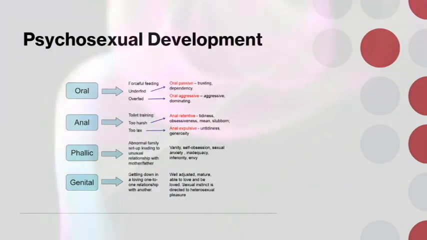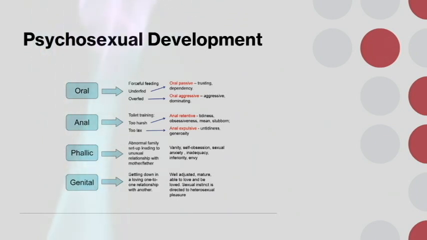Then we have the anal stage, which is approximately 18 months to 3 years. Here, the focus is on the child's experience with bowel movements and toilet training.